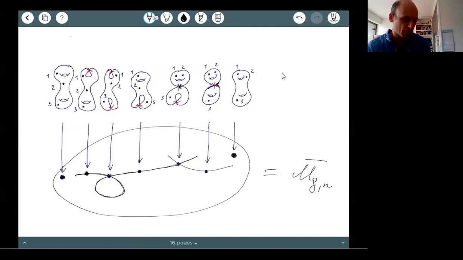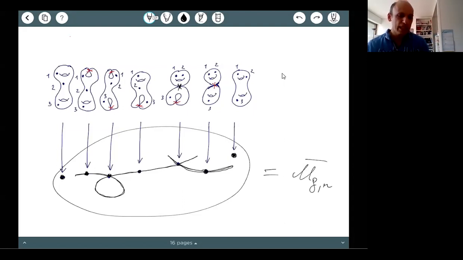This is a self-intersection of this component, so the curve has 2 non-separating nodes. And then there are several other components of which I represented only one, like this one, that corresponds to curves with separating nodes. So here the curve is separated into 2 genus 1 components, with one component containing points 1 and 2, and the other one containing point 3.